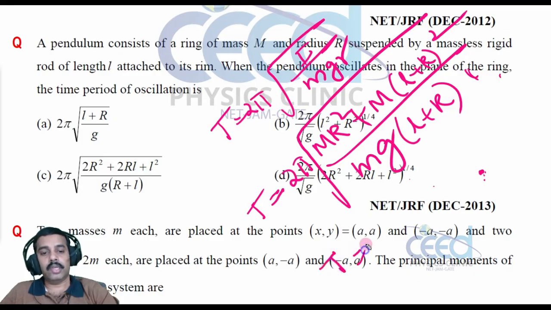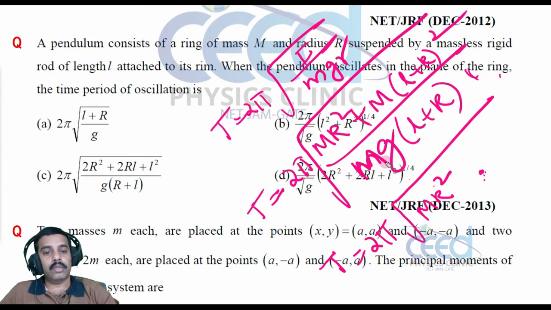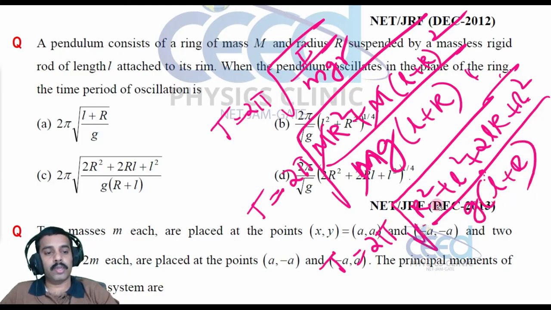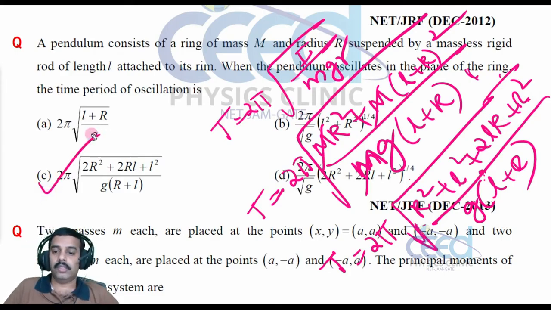Then T is equal to 2 pi root, we have m R square here, this whole m R square plus, we can cancel out all the m, so we need not this m, this m, this m. Here R square we have, here L square plus 2 L R plus R square, divided by, here we have g into L plus R, and this again 2 R square plus 2 L R plus L square. So this will be the answer, alright?